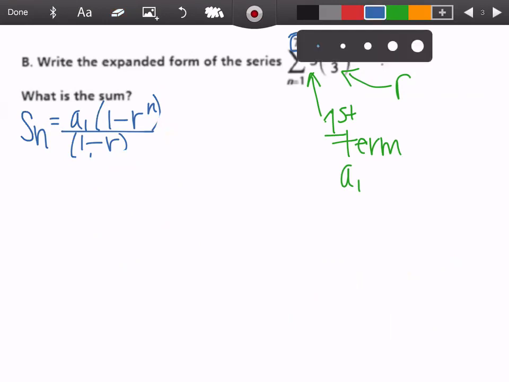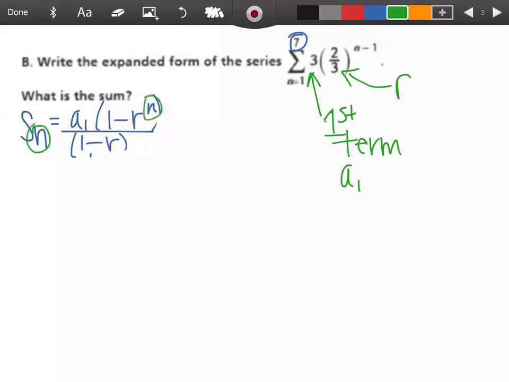So looking at this, remember these two n's are going to be the same. And then we have r, which is the common ratio. So you have s, the nth, or the last term. This 7 is going to be equal to these two n's.